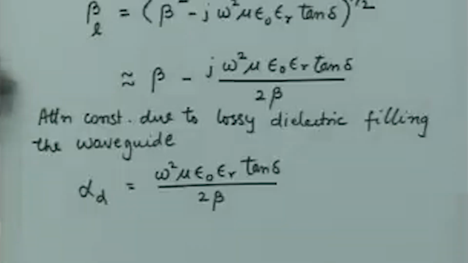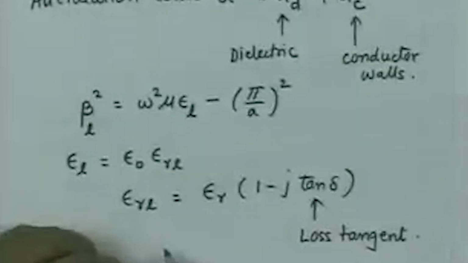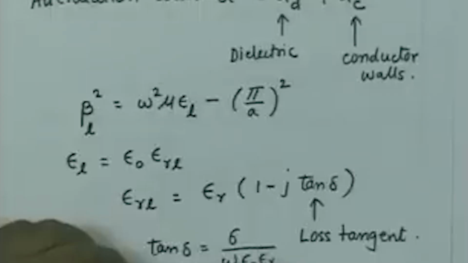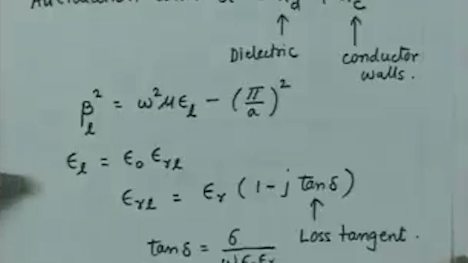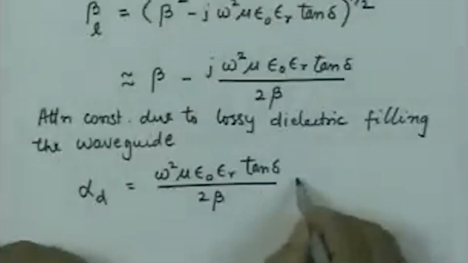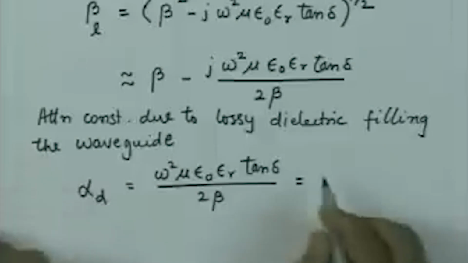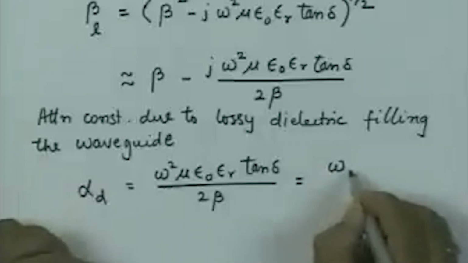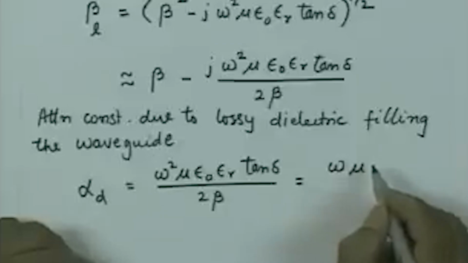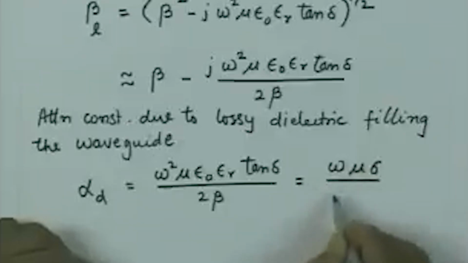Since we know that this quantity tan delta, the loss tangent, is sigma upon omega epsilon 0 epsilon r, we can substitute for tan delta into this expression and we get omega mu sigma upon 2 beta.